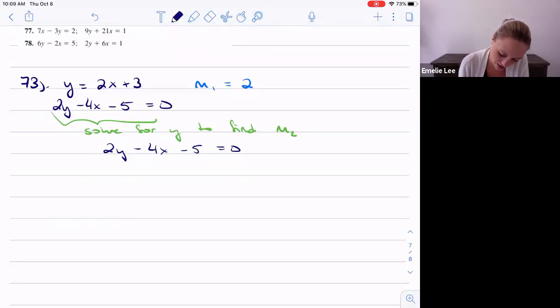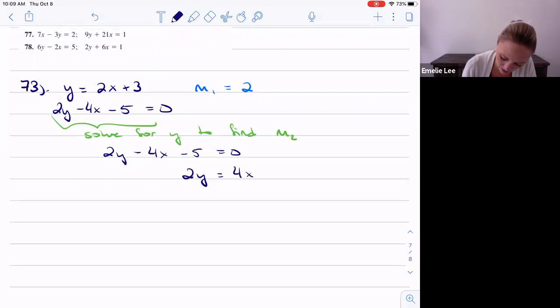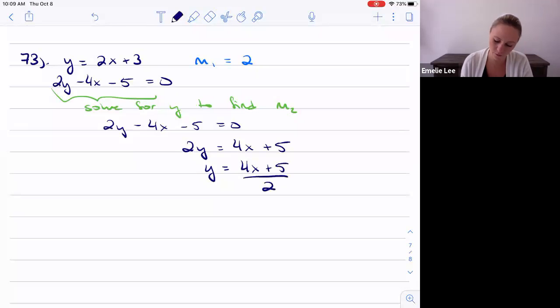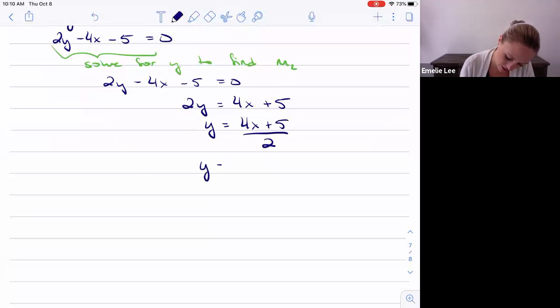So we've got 2y. I am going to be a little bit quicker because we should be pretty comfortable solving for y by now. So now we've got 4x plus 5 on the right-hand side. Solving for y, I get 4x plus 5 all divided by 2. Now, if I split this up, I have to be careful because both parts are being divided by 2.